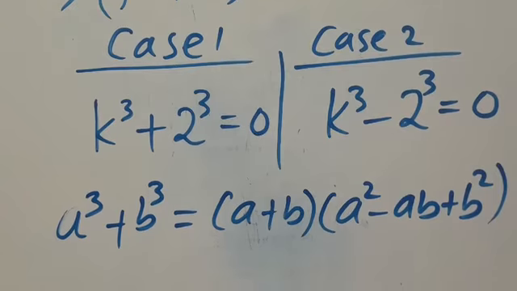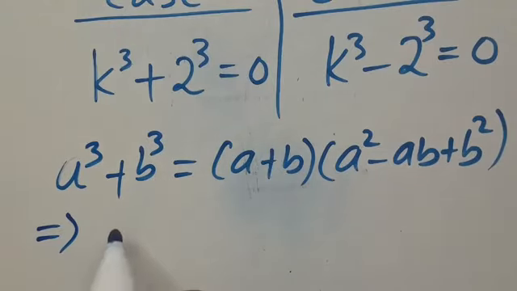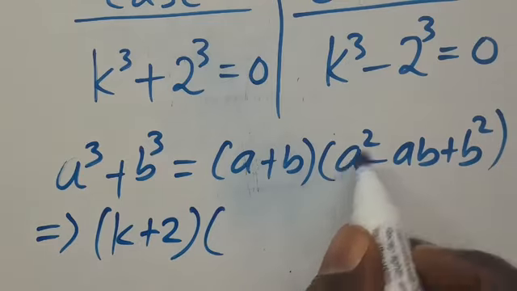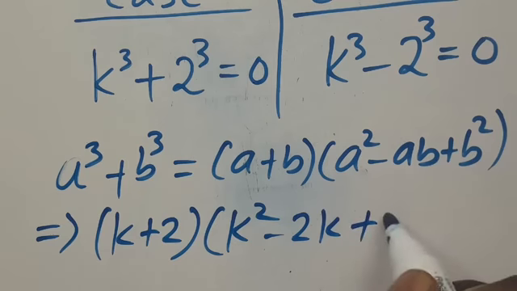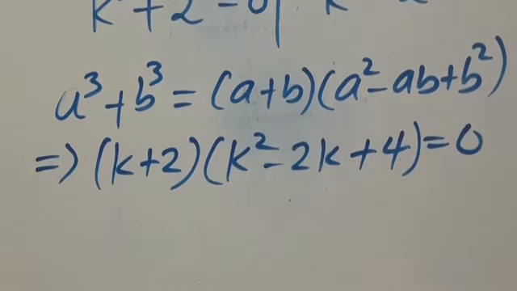So where we have a to be k and b to be 2, this implies we have k plus 2, all in brackets, then a square will be k square, minus ab will be 2k, plus b square will be 2 square, which is 4. Then we set everything equal to 0.